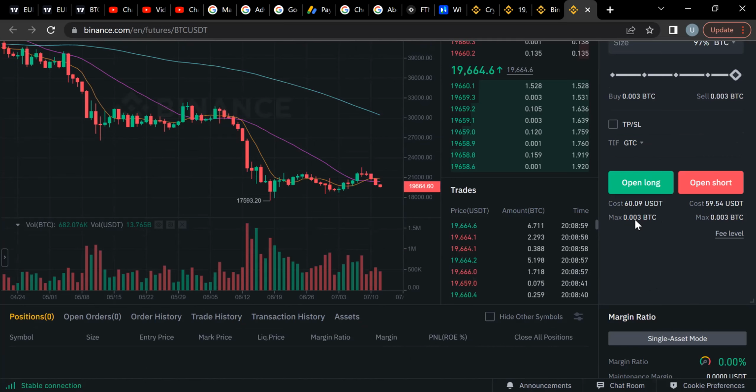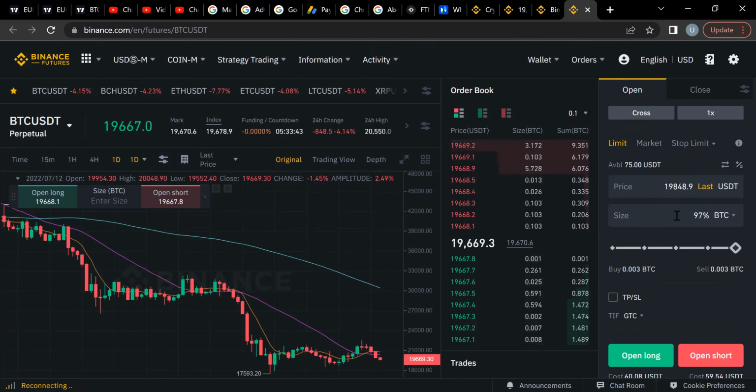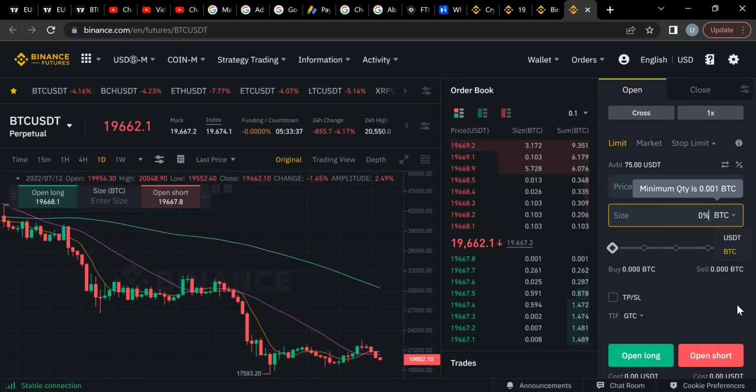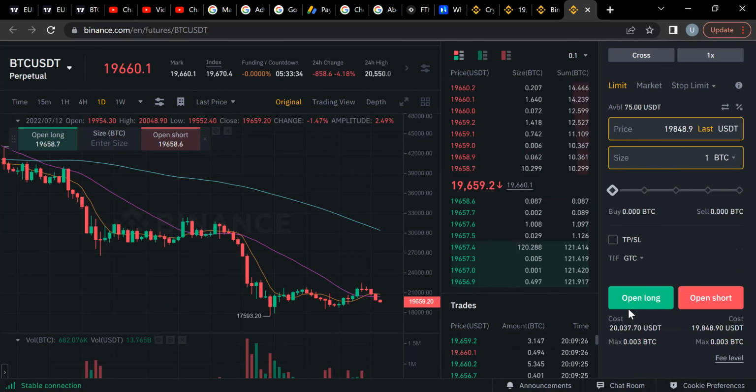Sorry. Let's say I want to buy 1 Bitcoin now. I want to trade with 1 Bitcoin. Now, if I open it long with 1 Bitcoin, I must have 20,043 USDT for me to open 1 Bitcoin long, right?